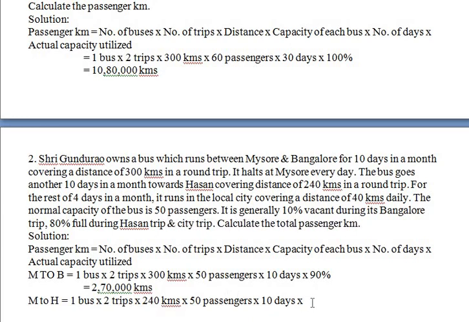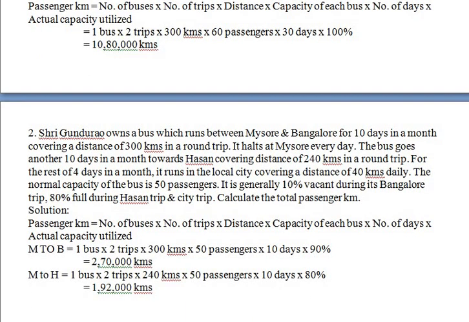Okay, 80%. So here we need to take 80%. Okay. Now again calculate this. This is equal to 1,92,000 kilometers. Okay. Now another trip.